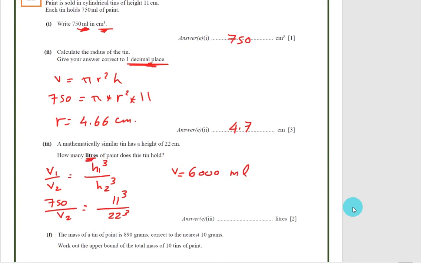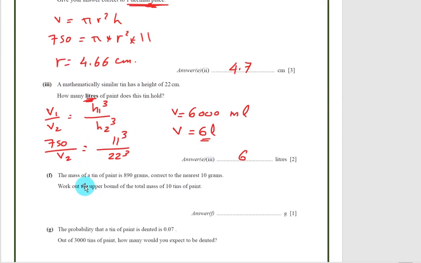He needed it in liter, so divided by 1000, the volume is 6 liter.